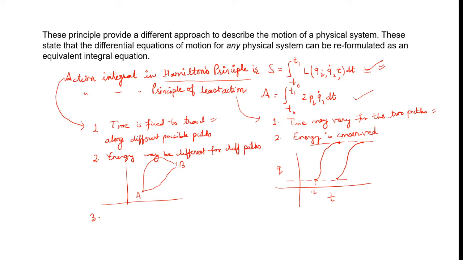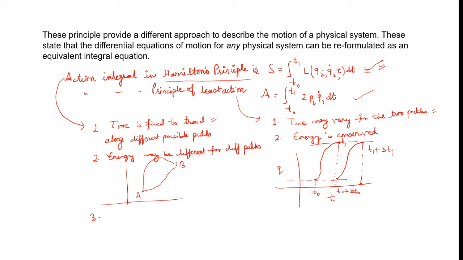Suppose here it is taking time t1, t0, and here it is t0 plus delta t0. Here it takes time t1 and here it takes time t1 plus delta t1. So time may be different for the two paths.